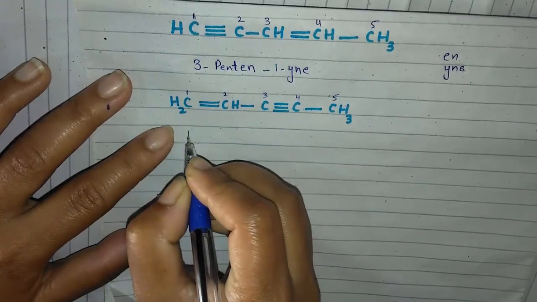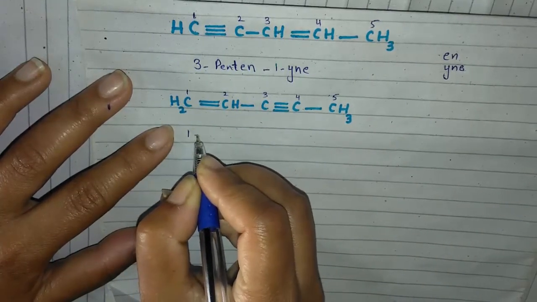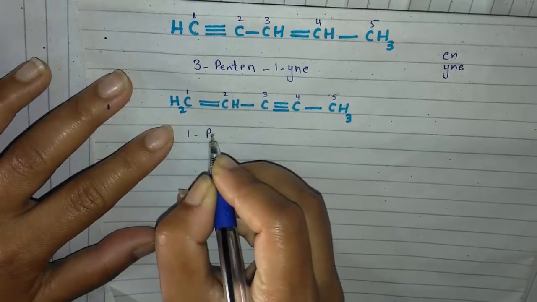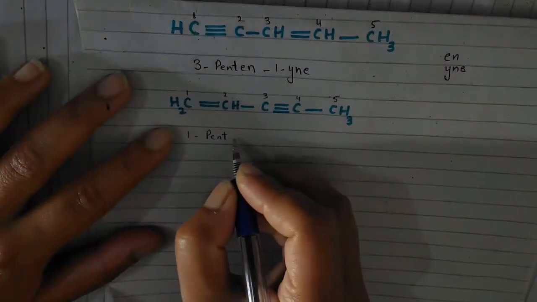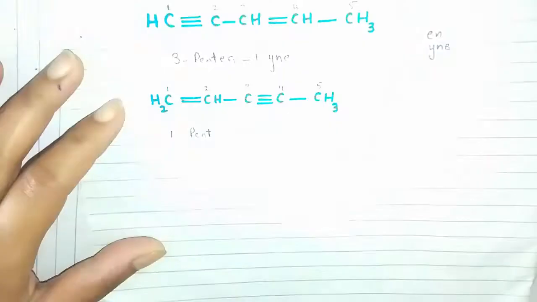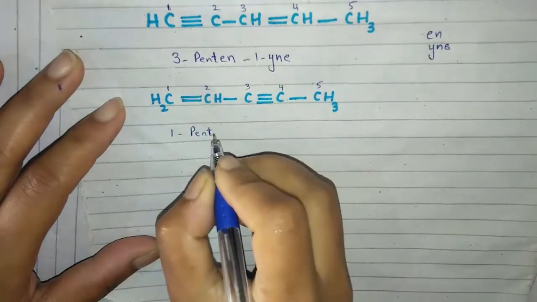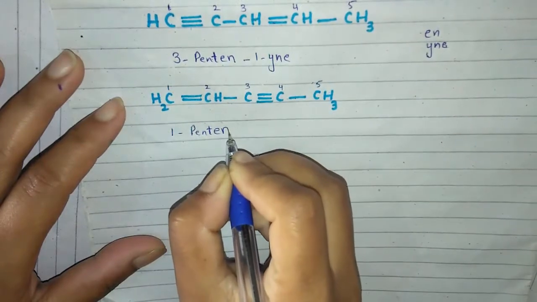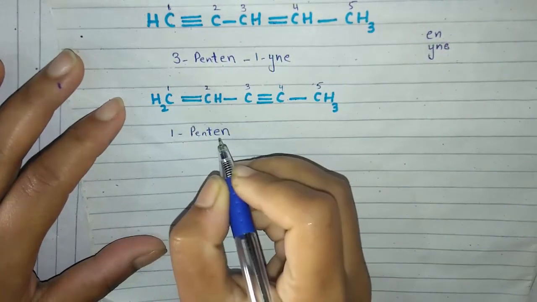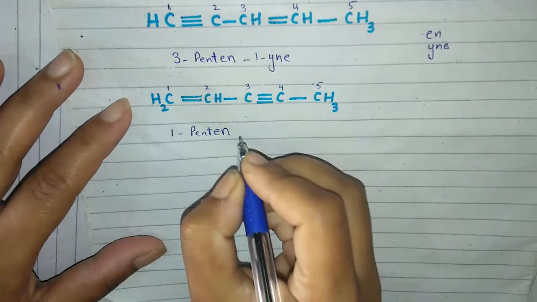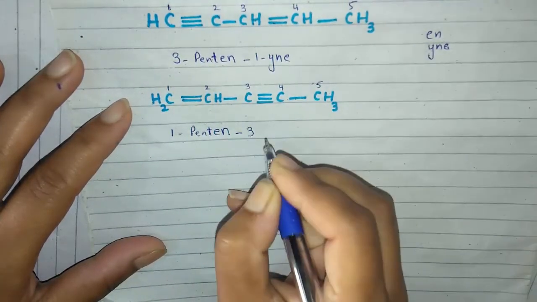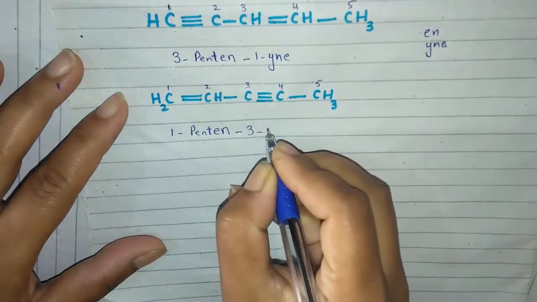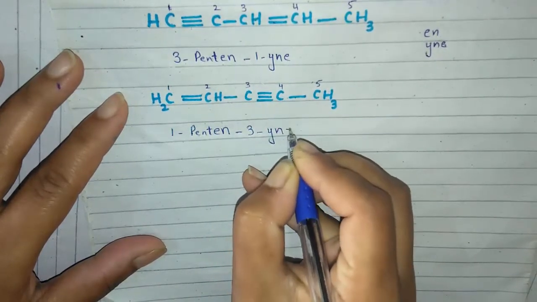At the first carbon a double bond is present, we will write 1, again pent-en, because it is a 5 carbon containing compound, 1-penten, en indicating a double bond at this position, first position. Then third carbon, which is indicating the position of the triple bond, so yne at the end.